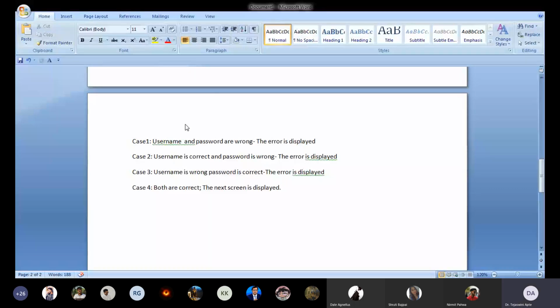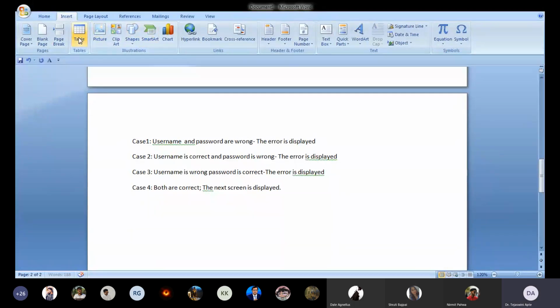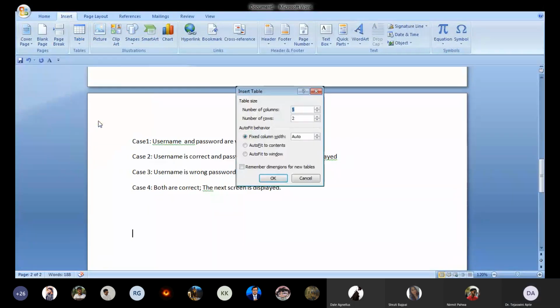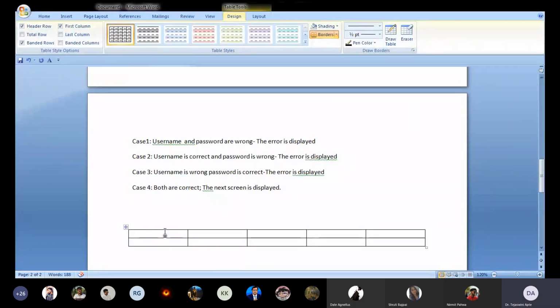Now I think Satvik is taking care of the assignment as well. So if I go and take that particular thing, here I'm going to have the conditions. Let me have the table again. Here I'm going to have case one, sorry, condition.